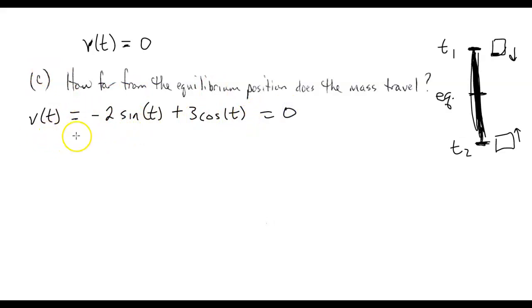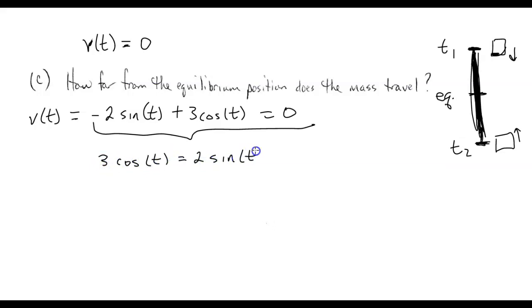Well, if we just look at this portion of the equation, then that tells us that 3 cosine of t equals 2 sine of t. And if we wanted to rearrange that, that would be 3 over 2 is equal to sine of t over cosine of t, which is essentially tangent of t.